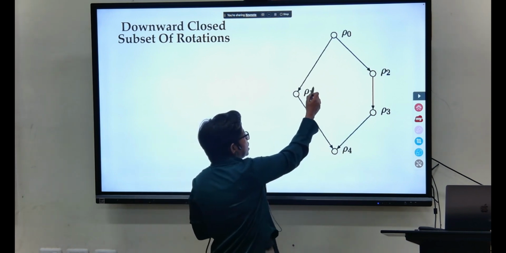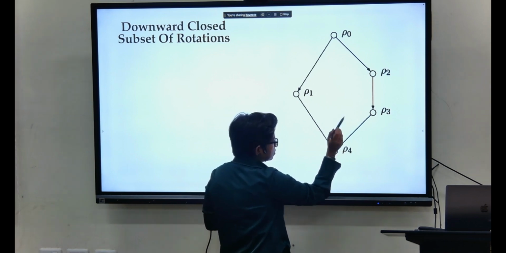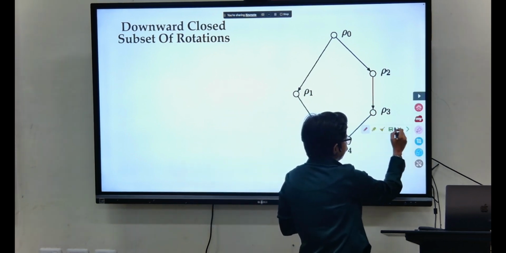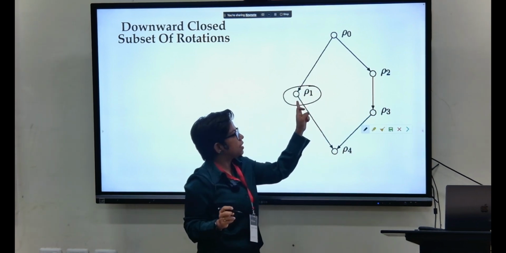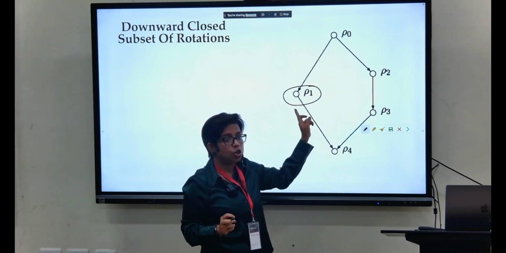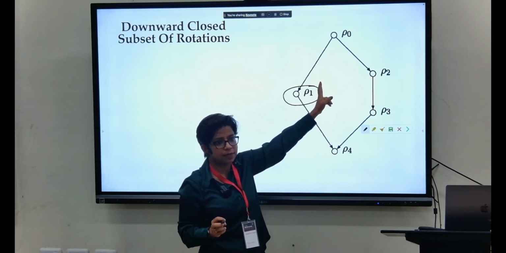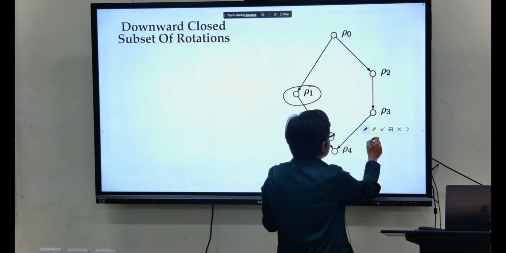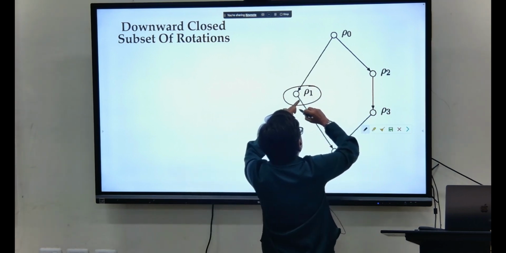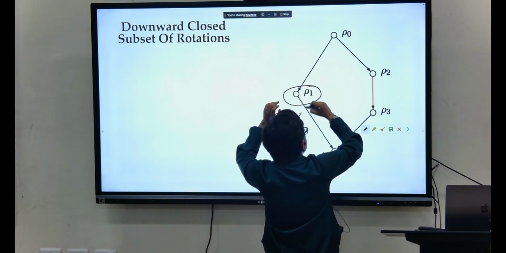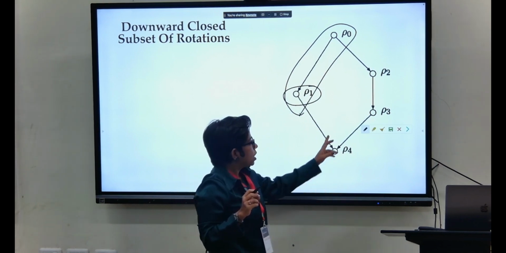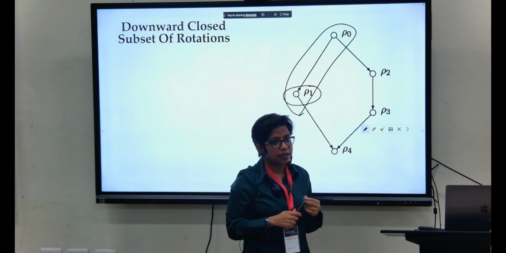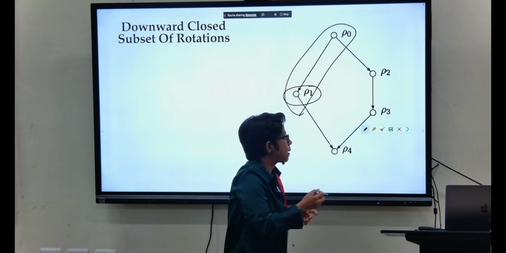You take any rotation here, let us say rho 1, and for this to be a closed subset, you have to take every rotation that precedes it. Okay? So, to have rho 1 in a closed subset, I need to take rho 0. Can you tell me what should be the closed subset that contains rho 2? Correct. So, this would be it.